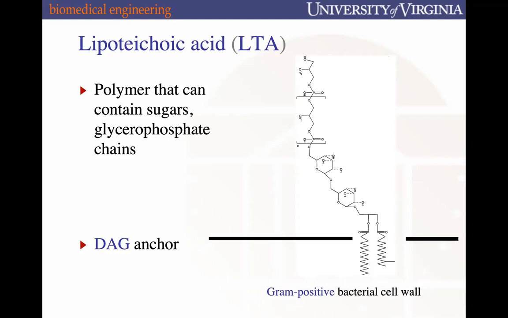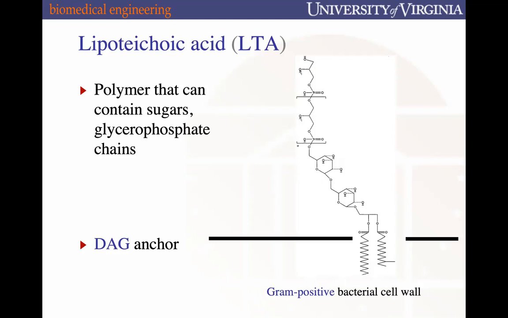And on that surface is lipoteichoic acid. That's a polymer with these sugars that has a DAG anchor into it, embedding it in the wall. Yes, so this acid is embedded in the wall.